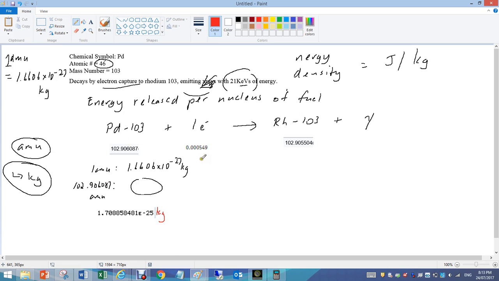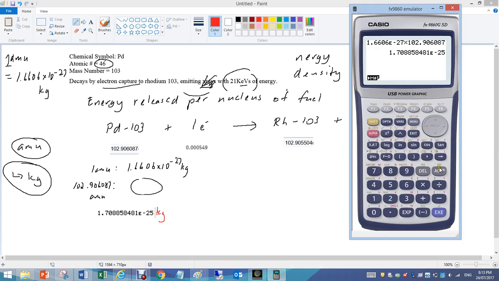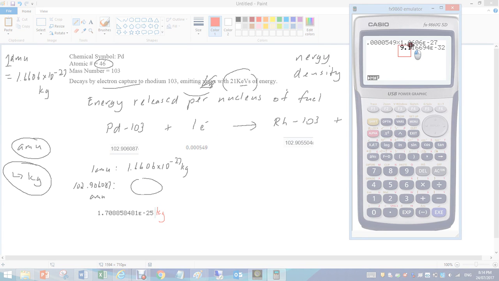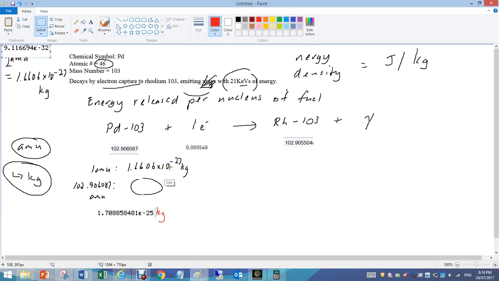Again, you do the same thing, use Suzanne rule for the rest, so I'll just do it quickly. This is the AMUs, 0.000549 times 1.6606 by 10 to the negative 27. There we go. Now of course there's quicker ways of doing this, to be honest.